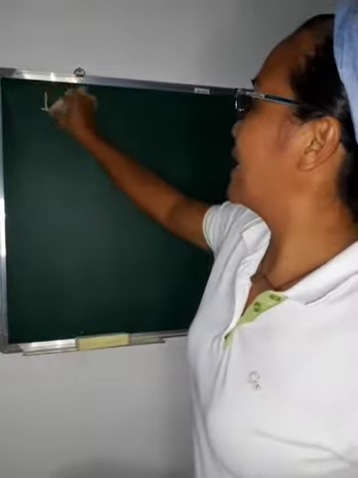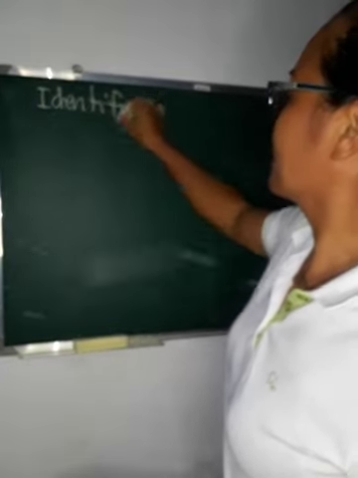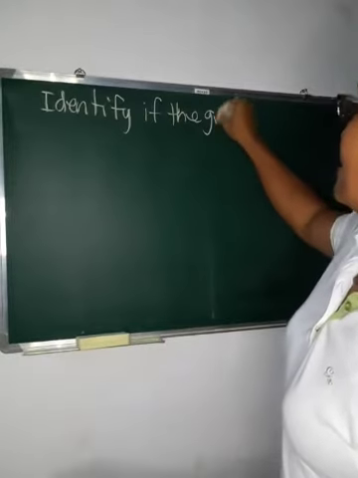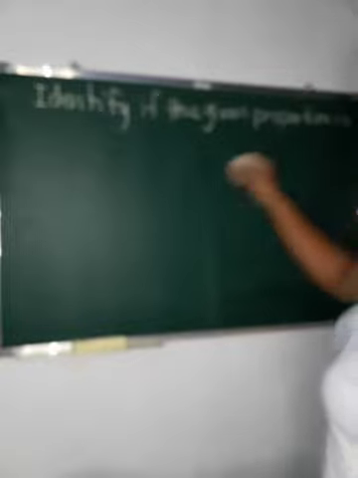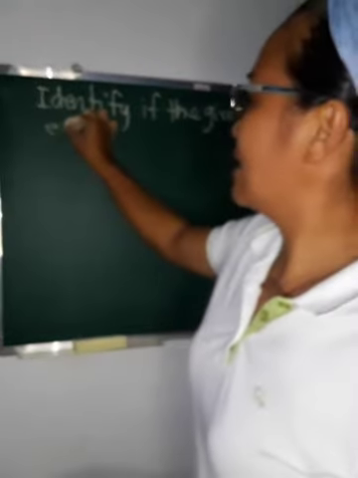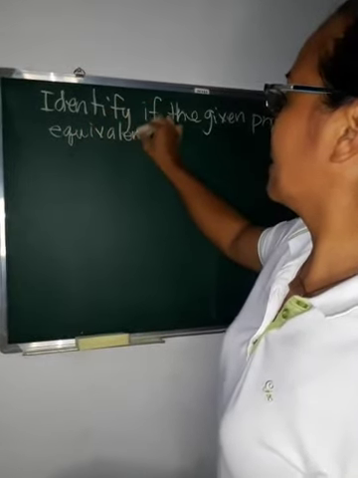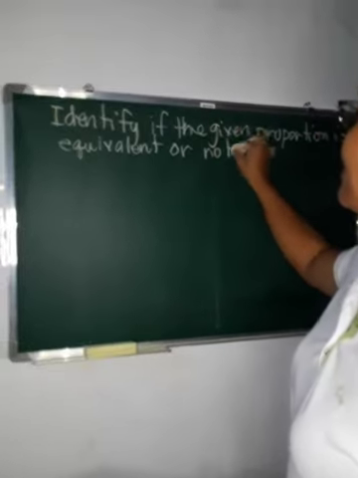So, identify if the given proportion is equivalent or not. How? Okay, I'm going to give you an example.